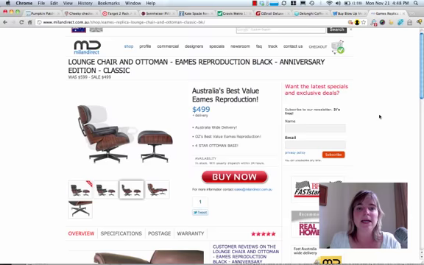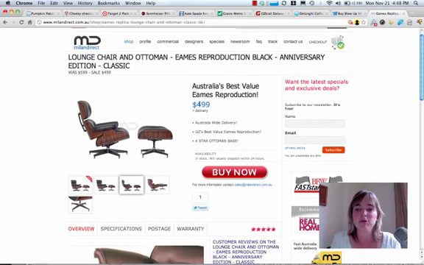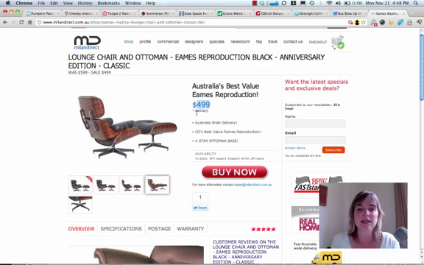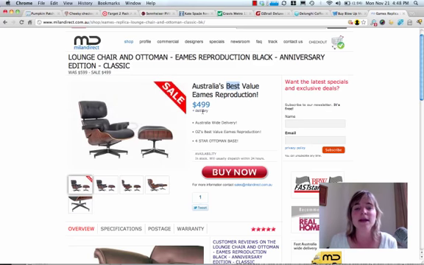Let's have a look at what Milan Direct does. So here's the blue, the only real blue spot on the page, $4.99, big writing, plus delivery, which means that delivery is not included. But this text around it is what's actually really important. Best value Eames reproduction. The fact that it's the word reproduction and best value means that I'm probably already getting a good price.